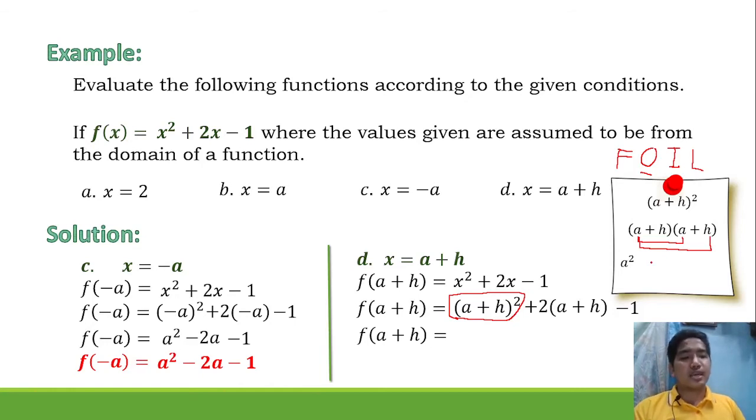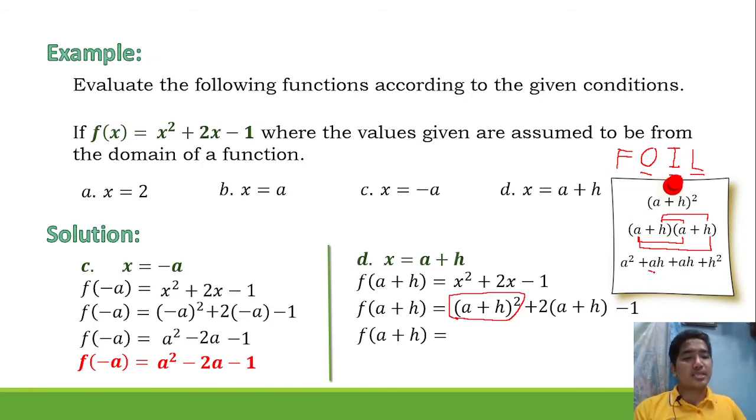Okay? A times h, that is equal to positive ah. Next, the inner. So inner, h multiplied by a, and that is equal also to positive ah. Next, the last. So sa last, so we have h multiplied by h, and that is equal to h squared, positive h squared. Then, combine like terms.